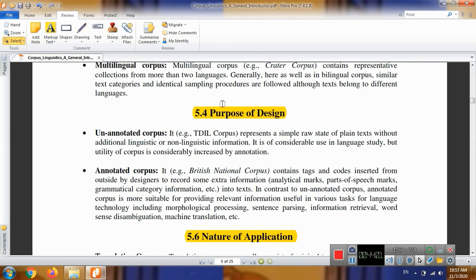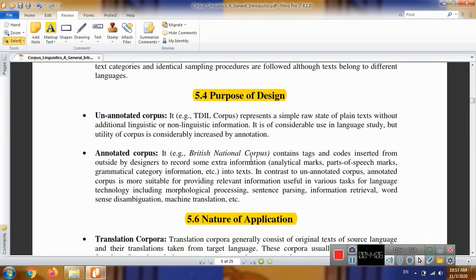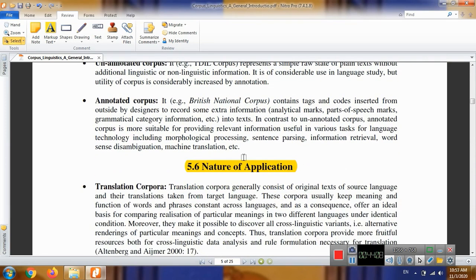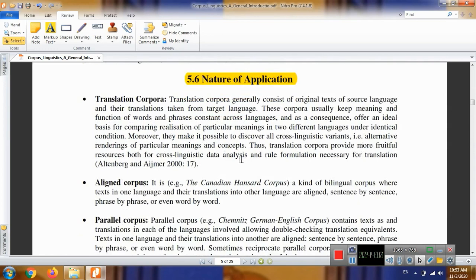Okay, for the purpose of design, we introduced unannotated corpus and annotated corpus, and we read their features.